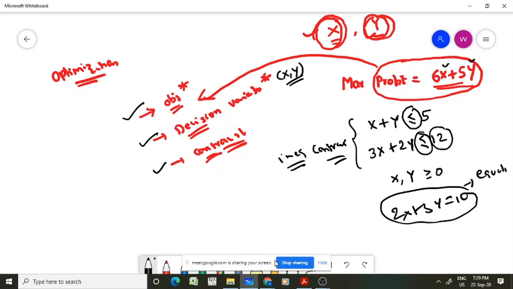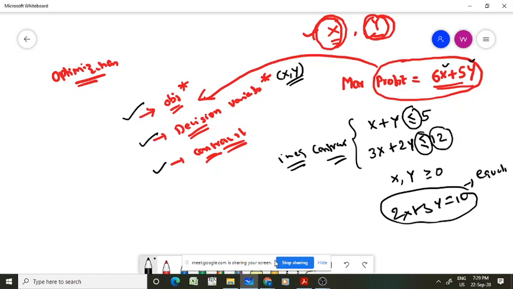Generally, a problem comes in text format or orally. Suppose I am a client, and I tell you, Mr. X, I have a chocolate company, I am going to manufacture this and this, and these many milk units and choco units are available. They may give oral instructions or text information.